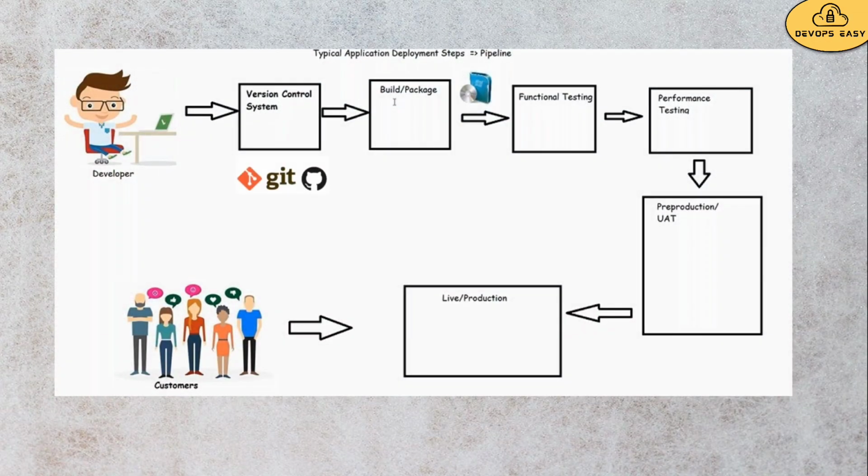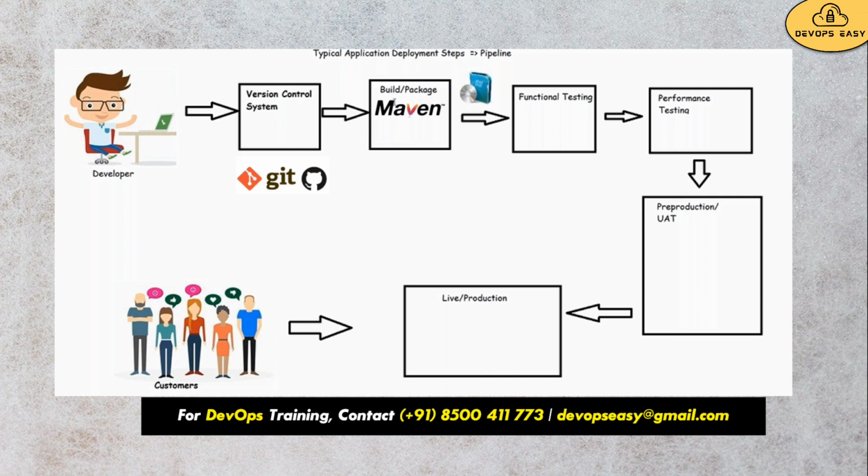So once the developer has written the code, he will store it in Git. For that, as a DevOps engineer, you need to know what Git is. You need to learn that Git tool. If the code is written in Java, we will use the Maven tool to create a package.